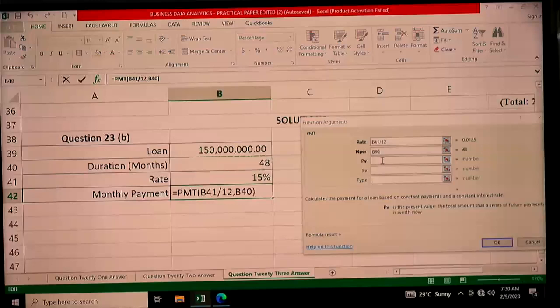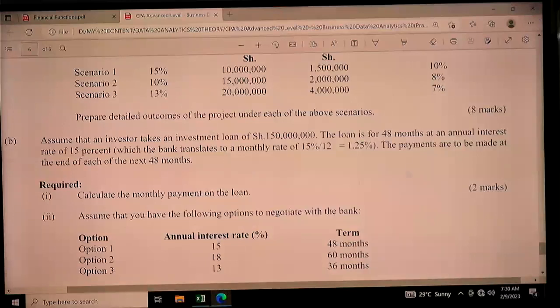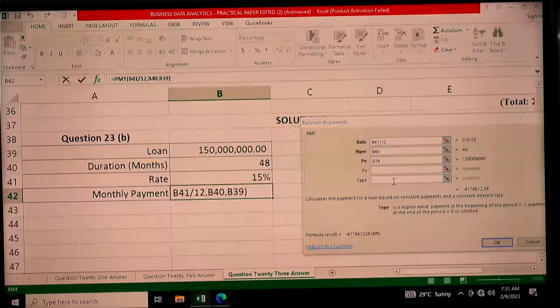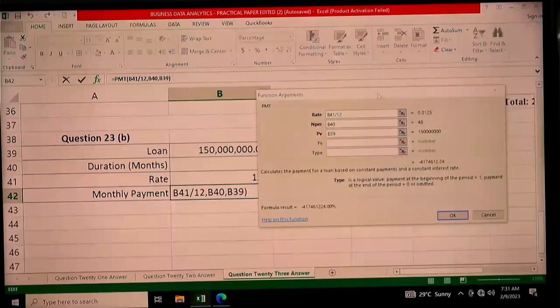Then the present value, that is the amount of the loan, the amount borrowed, which is 150 million. And we are told in the same question that the payments are to be paid at the end of each of the next 48 months. That means you have to indicate the type here, which is a logical value.